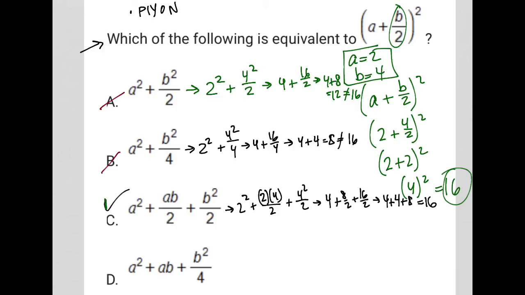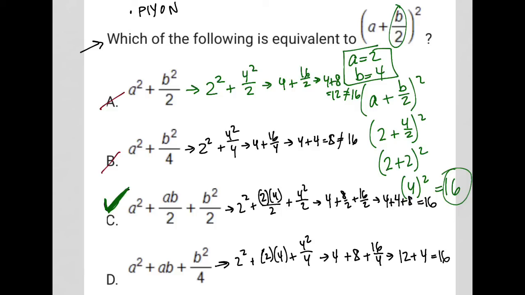And this is the danger, not necessarily danger, but you can get multiple answers correct when you do it this way. And then for choice D, we'd have 2 squared plus 2 times 4 plus 4 squared over 4, which is 4 plus 8 plus 16 over 4, which becomes 4 plus 8 is 12. 16 over 4 is 4, so equals 16. So both of these would work.